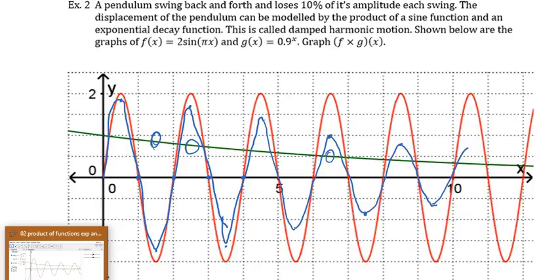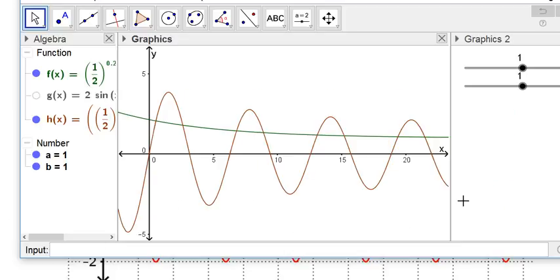We might have modeled this in a previous grade, doing some kind of activity around something like this, and not thought about how the amplitude is decreasing every time.